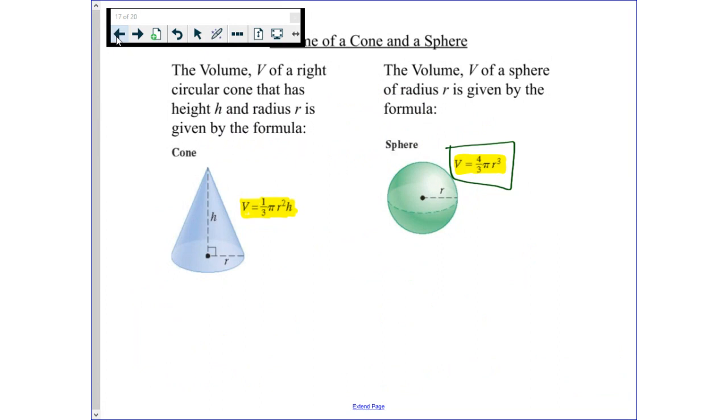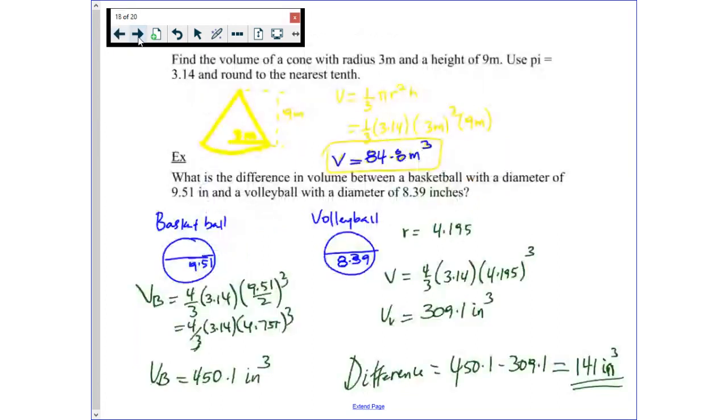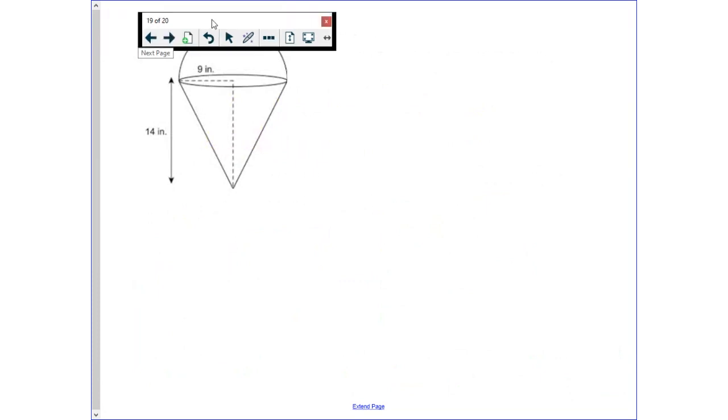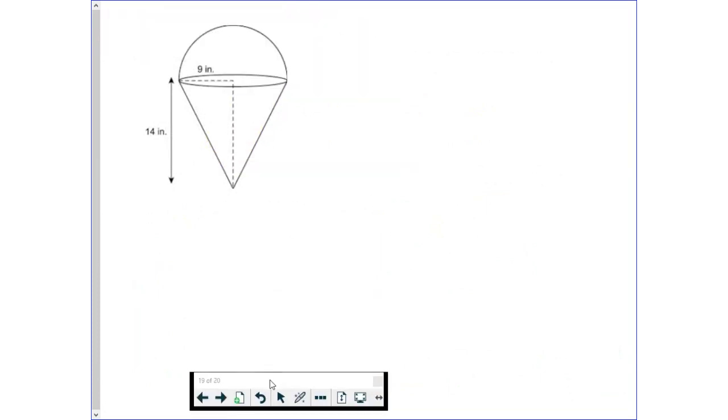Okay, good. So I have one application problem, and I want you to do this. It is like an ice cream cone. If you buy an ice cream, you have the cone at the bottom, and at the top you have a half sphere, or semi sphere. Find the volume of the total ice cream cone.